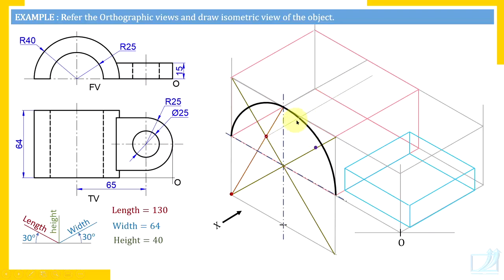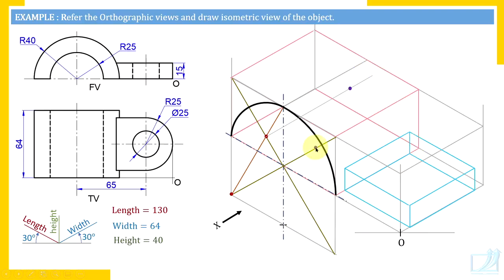That's why you must have a line parallel to width, and on this line measure 64 and shift the center. So this center also we have shifted 64 millimeters. And this highest point we have shifted here because start and end of this longer arc must be available here. So without any confusion you will be able to draw longer arc.